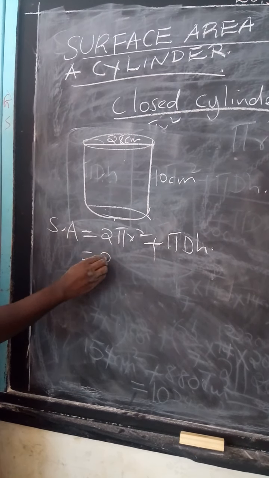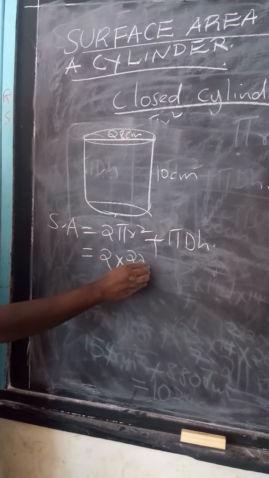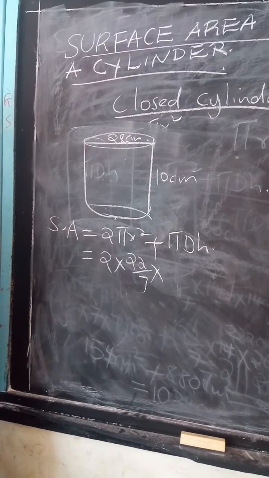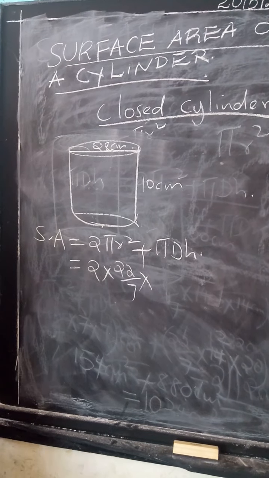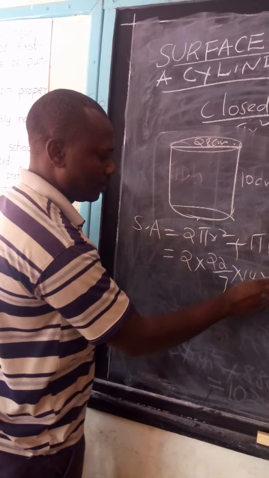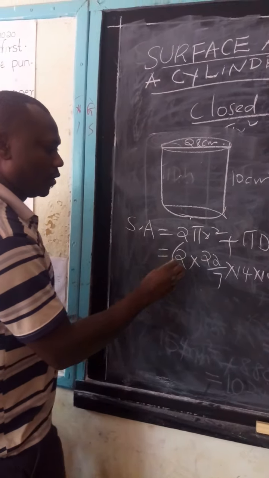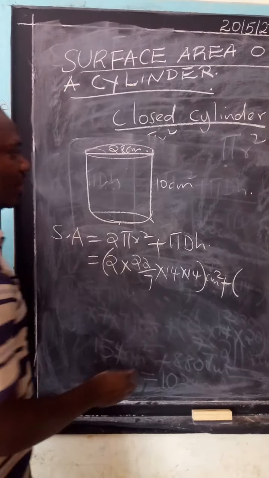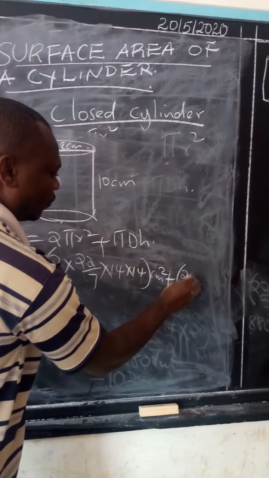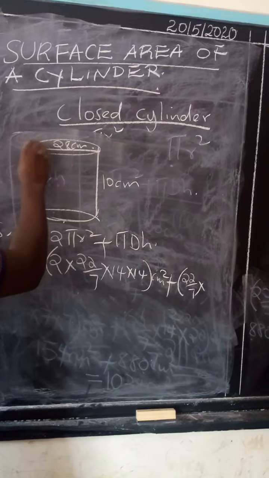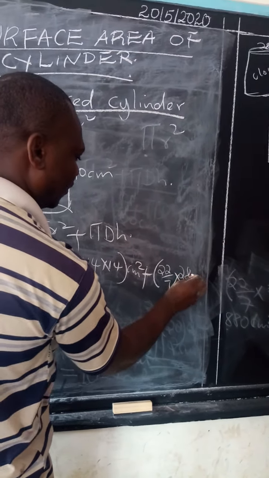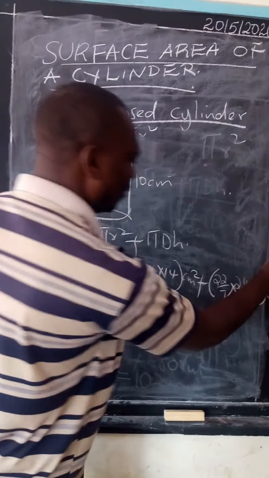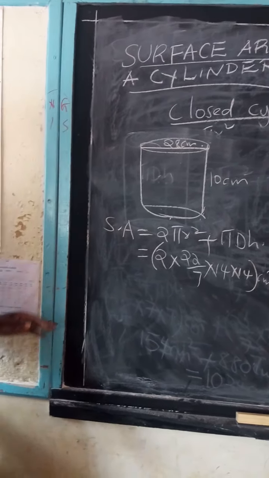which is going to be 2 times pi, which is 22/7, times radius. Diameter is 28, and that means radius will be half of the diameter, 14 by 14 square centimeters. Then you add 2, open another bracket, pi, which is 22/7, times diameter, which is 28, times the height, which is 10. Close the bracket.